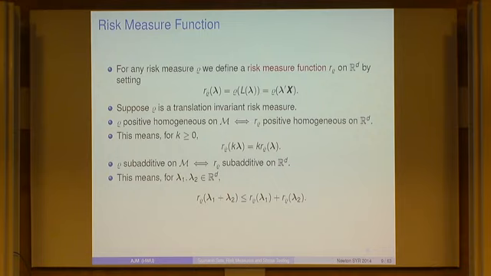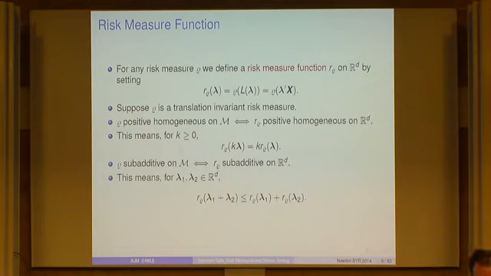That will be used later on because under this property we can use this Euler rule, and when I establish a connection between the sets and capital allocation, we'll need that. Also, assuming translation invariance, subadditivity of the risk measure on this set of portfolio losses is equivalent to subadditivity of the function in d-dimensional space, meaning that for two vectors in R^d, we have this.